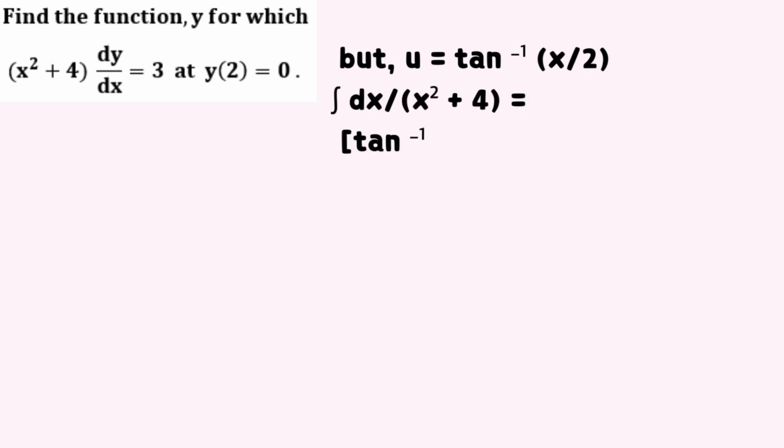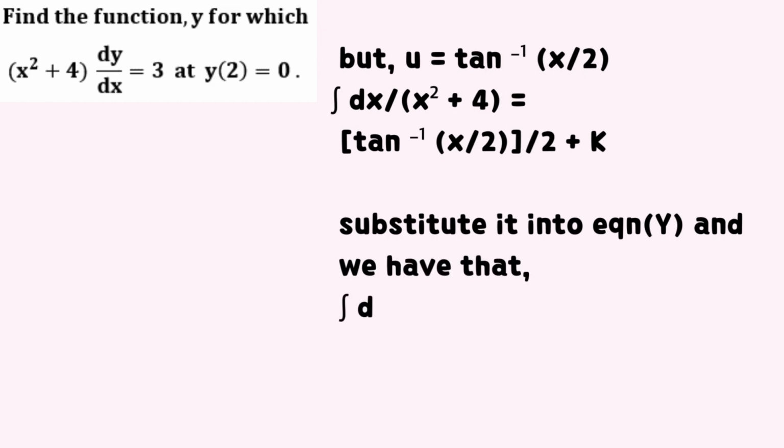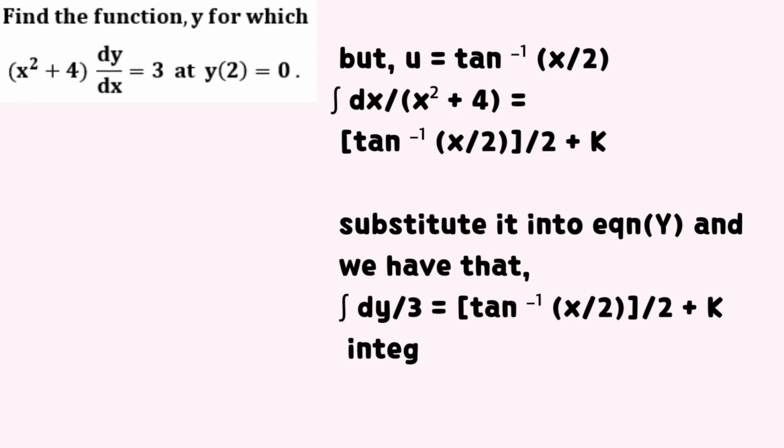But u equals tan inverse of half of x. Then, substitute it into the result obtained, and we have that the integration of dx over the sum of the square of x and 4 equals the sum of the product of half and tan inverse of half of x and k, the constant term.